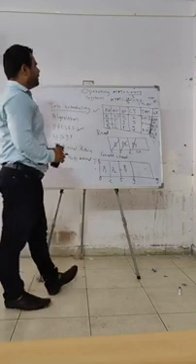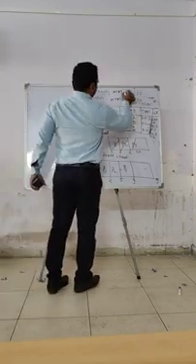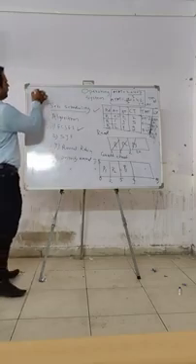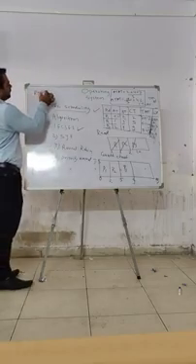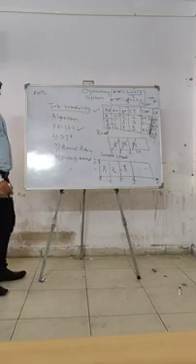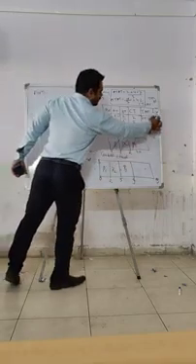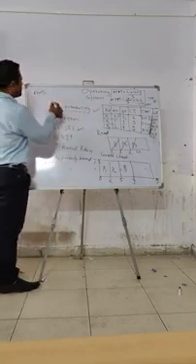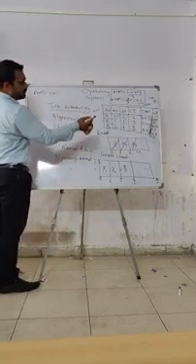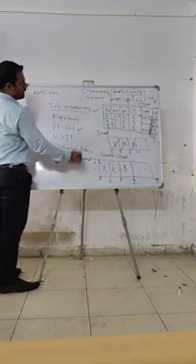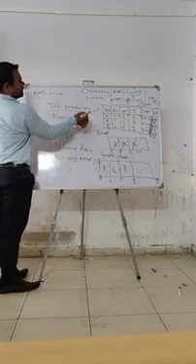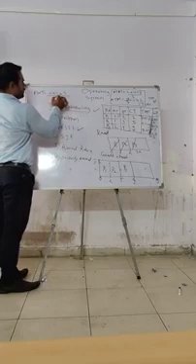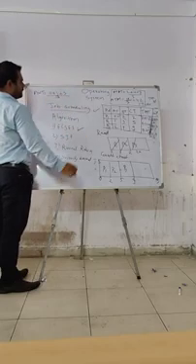Now we will calculate average waiting time. To calculate the average waiting time, we will take the average of all these processes. Waiting time of P1 is 0, waiting time of P2 is 1, and waiting time of P3 is 3, divided by the number of processes, so 3.